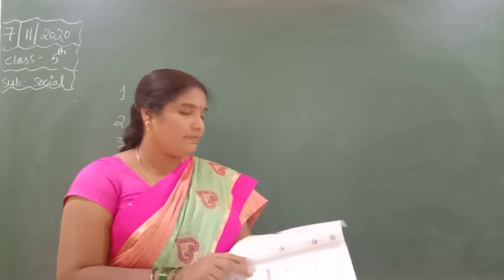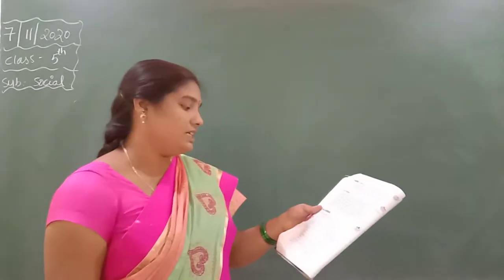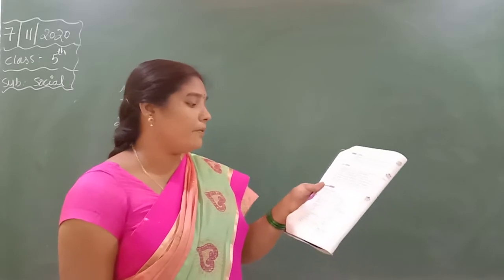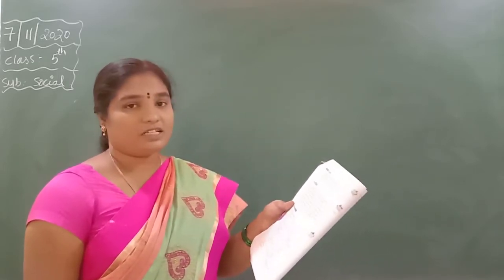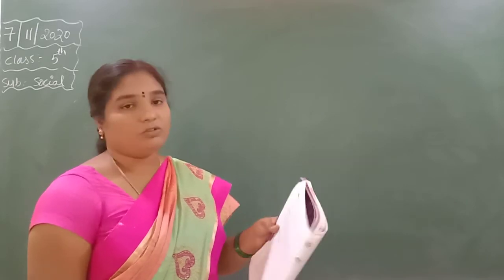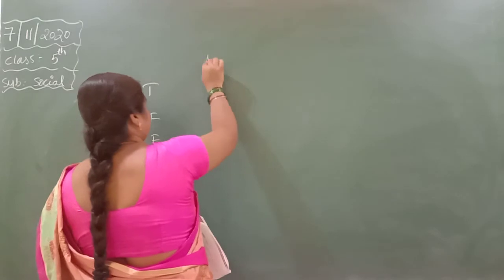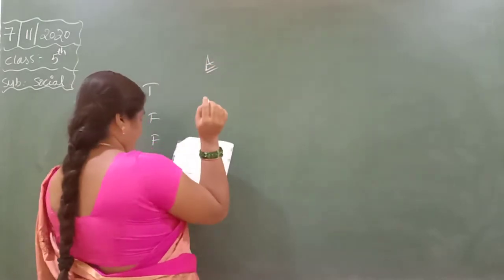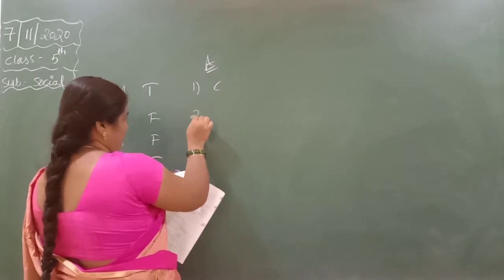Read and answer. Page number 196. Tick the correct answer. The two end points of the Earth's axis are called poles, North Pole and South Pole. First one is C. Second one.